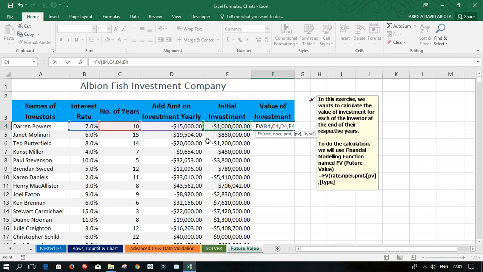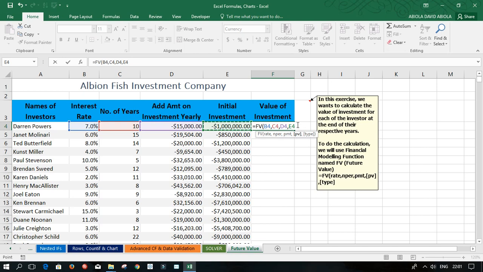However, you'll notice that we have a minus sign in front of the amount that we're going to invest additionally every year, and of course the initial investment. The reason why we have the minus sign is because the money that we are investing is going out of our pocket or our bank account, so it has to be in minus. Okay, that's why we have it in minus.